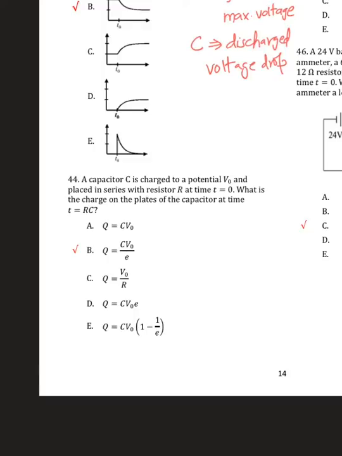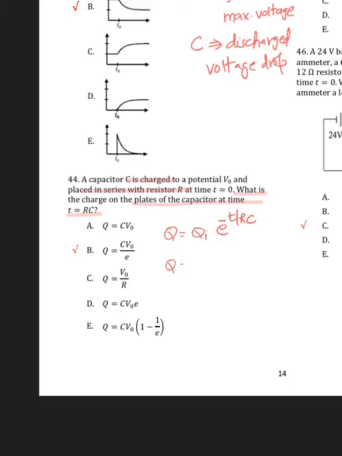Now let's check the next one. Capacitor is initially charged and then it's placed in series with R at time t equal to 0. What is the charge on the plates of the capacitor at time t equal to RC? So we are going to use the formula Q equal to Q_I e to the power of negative t over RC for a discharging circuit.